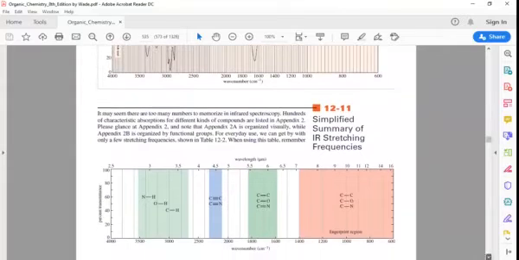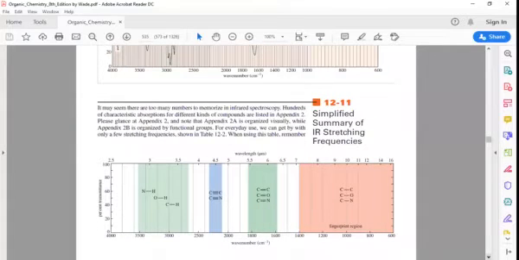This is a simplified summary of IR stretching frequencies. You can see the carbon-carbon bond, carbon-oxygen bond, carbon-nitrogen bond; it's a big area, and somewhere, for other reasons, it can be anywhere.